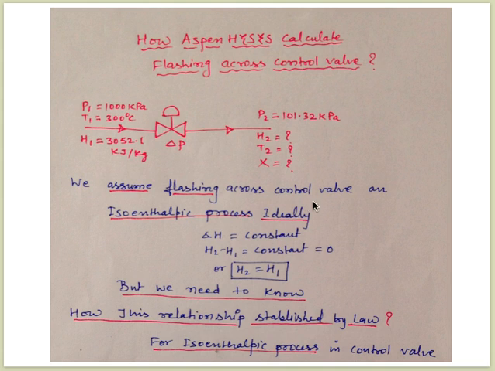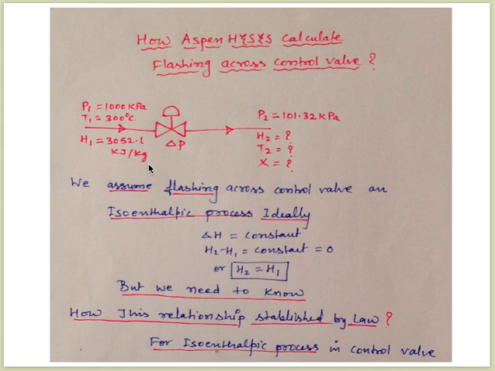So we assume flashing across a control valve is ideally an isenthalpic process. So we consider that delta H is constant, meaning H2 minus H1 is constant and equal to 0. So H2 equals H1. That means inlet enthalpy equals outlet enthalpy, and we want to calculate H2.